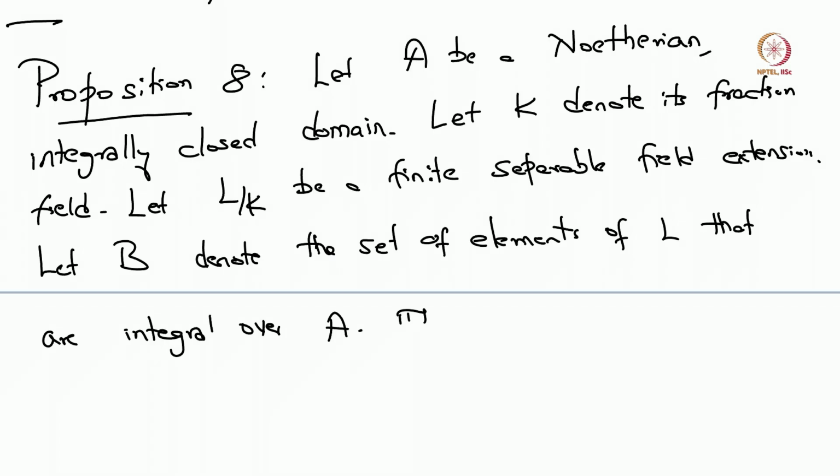The conclusion is that in this setup, B is in fact a finitely generated A-module. So if your base ring A is Noetherian and integrally closed, then this integral closure B in L turns out to be a finitely generated A-module. Proving this proposition is our goal for the next lecture. Thank you.